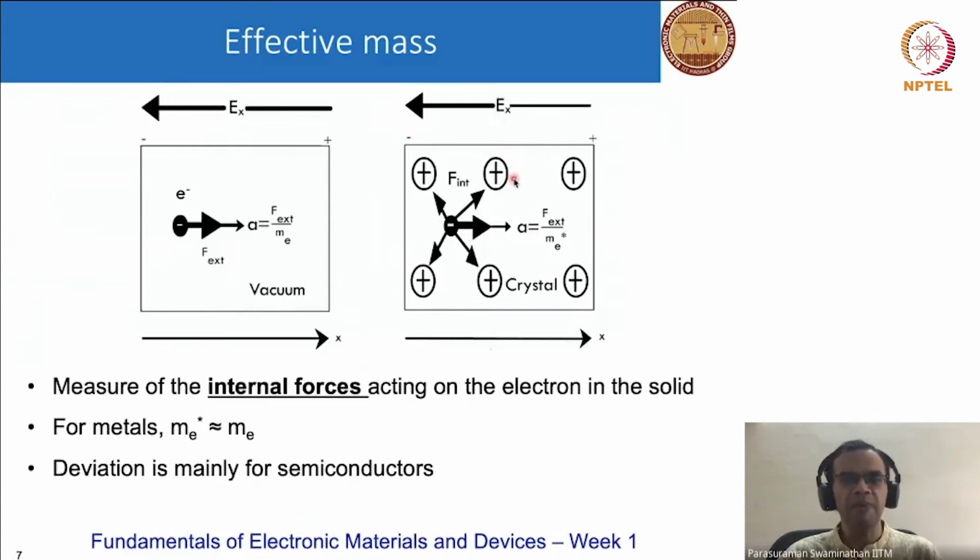At the same time, there are also forces acting on the electron from all the ions in the solid. The effective mass is a measure of this internal force. Again, in week 2, when we talk about intrinsic and extrinsic semiconductors and try to calculate the carrier concentration, we will revisit the concept of effective mass. For now, we note that for most metals, effective mass is nothing but the rest mass of the electron.